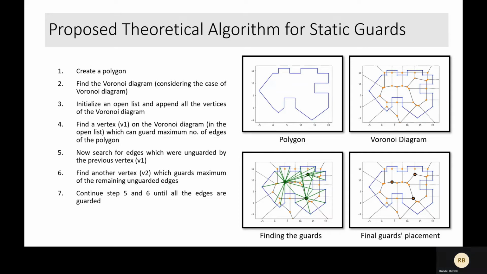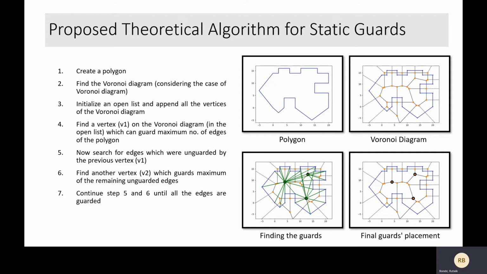So in the third step, we initialize an open list and append all the vertices of the Voronoi diagram to that open list. And then in the fourth step, we find a vertex on the Voronoi diagram such that it guards the maximum number of edges of the polygon. And then in the fifth step, we find the edges which are unguarded by the previous vertex V1.